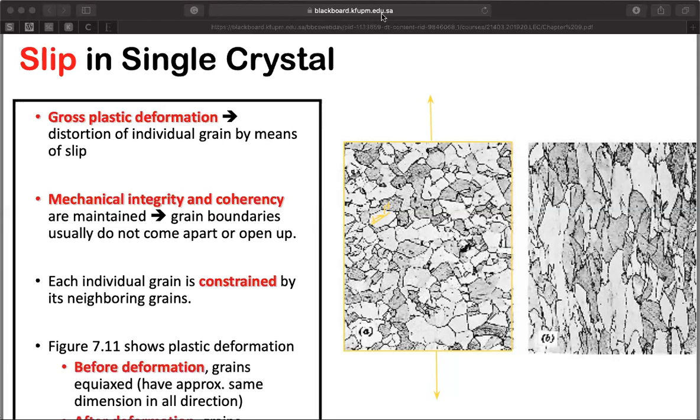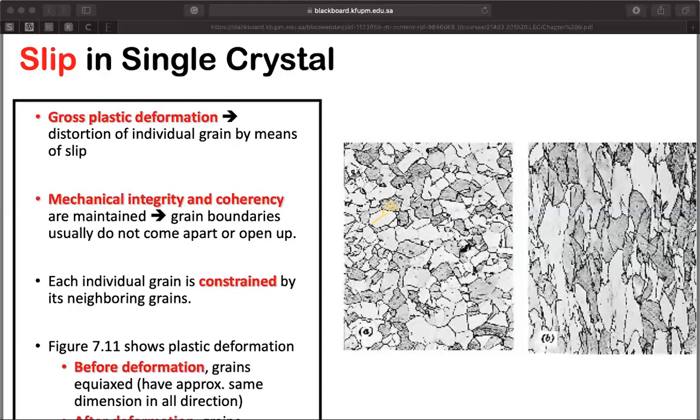So if this is the slip plane in this grain, then the slip system that will be activated first in the next grain may have a different direction. So that means the dislocation not only needs to cross the boundary, but also has to change its orientation in order to continue slipping on the other slip plane.